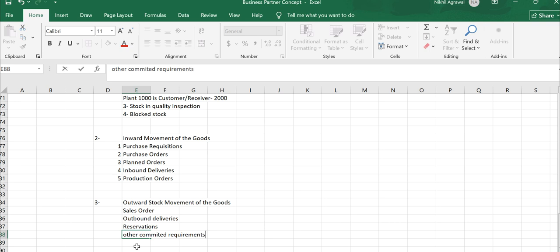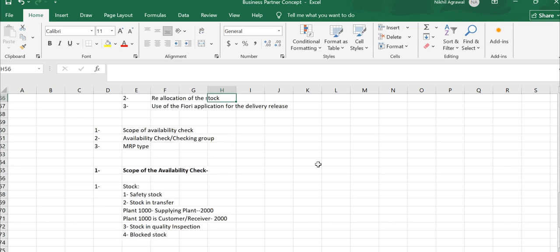Other committed requirements can be the dependent reservations, guys. These are the sources wherein stock is going out from the warehouse. Now, considering outward stock, inward stock, and current stock, we are defining the scope of availability check.